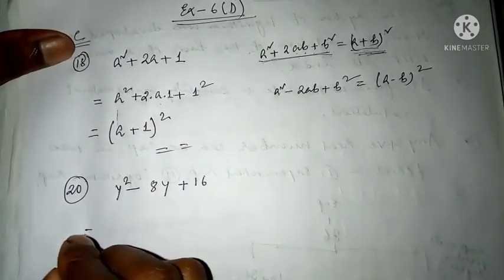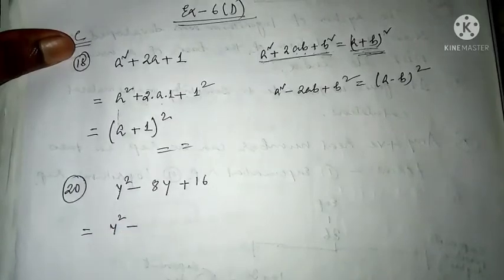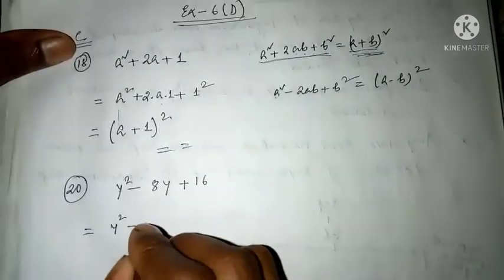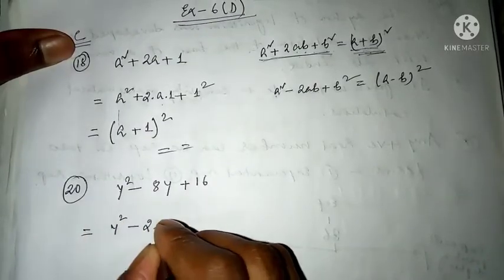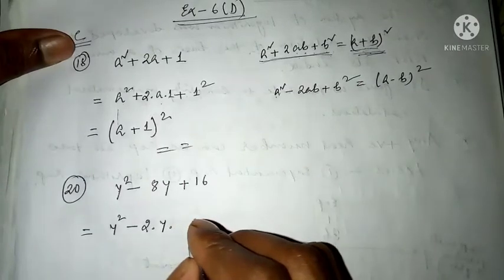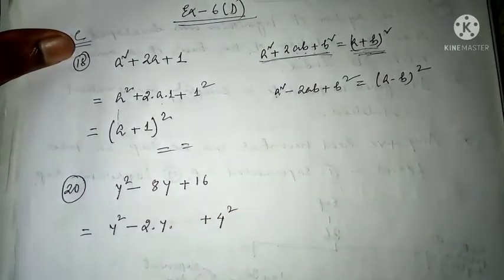Then the square of first term, y square, minus 2 times ab, that is first term y into the third term b. Before writing b, can I make 16 into 4 square? 4 square means 16.